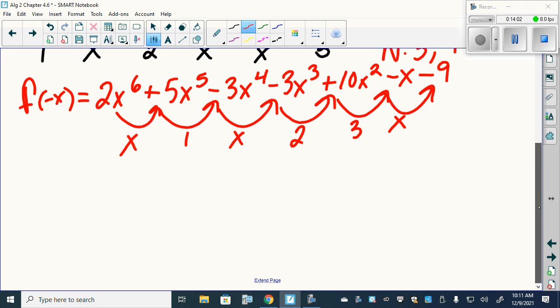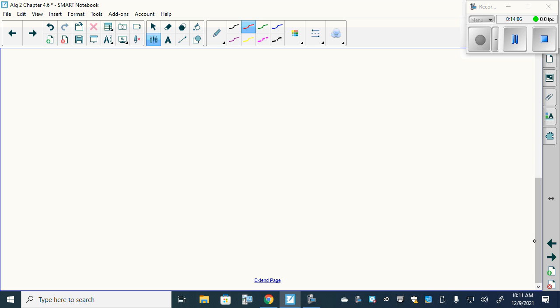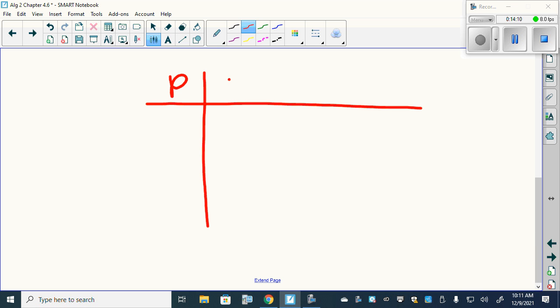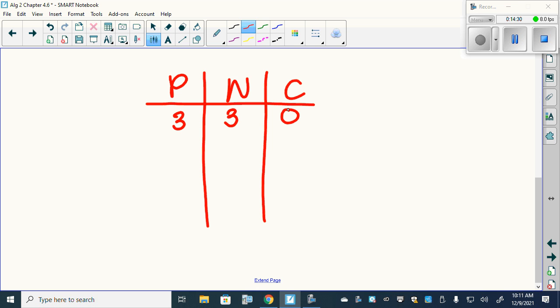So once we have this, we can set our table up. Positive, negative, complex. I really didn't need all that extra. So I will always start out with the most of positive and negatives that I can have, which is 3 and 3. We need a total of? We have all 6. Yep. Then I will just start decreasing the negatives.